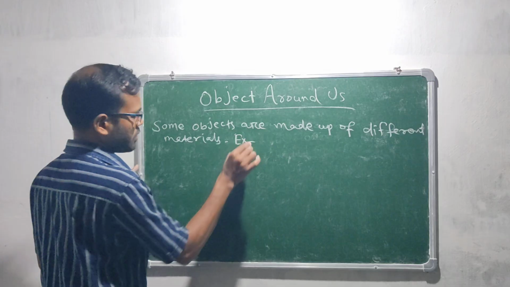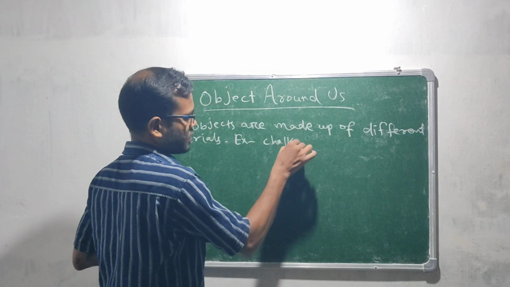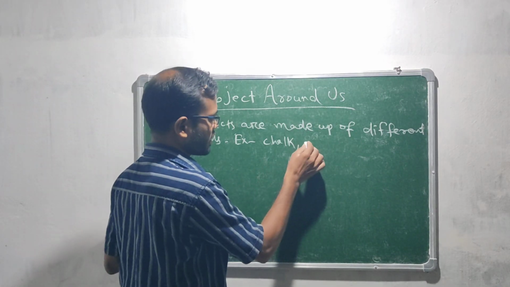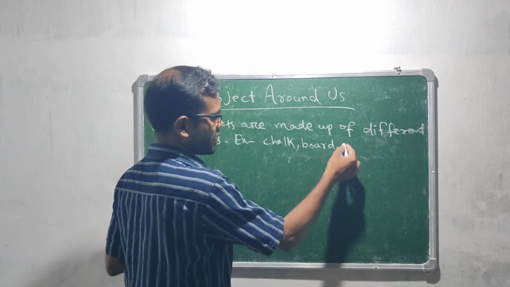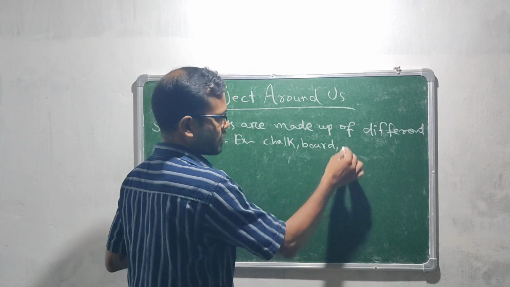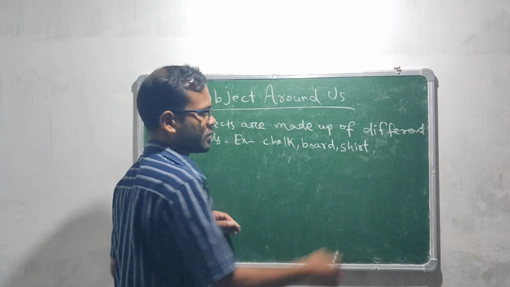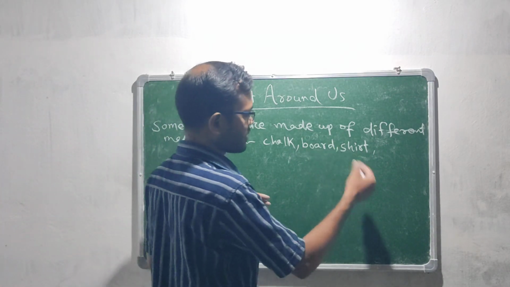For example, what are the objects? Chalk, which is made up of calcium carbonate. Then this board, made up of wood. Then my shirt, which I am wearing right now, made up of threads, cloth. Okay, these are the objects.